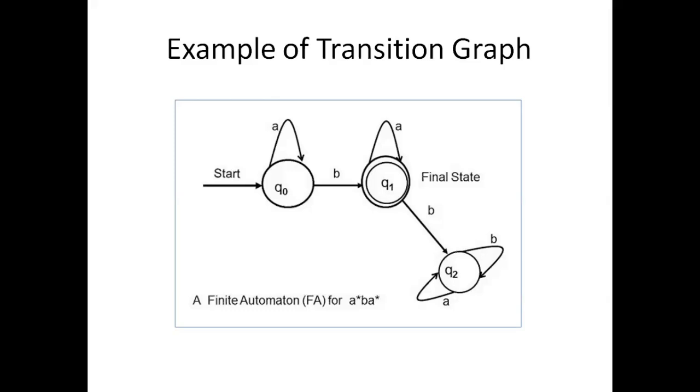So the transition of q naught on input a is q naught only. Now when q naught takes an input symbol b, it transits to another state q1, which is a final state. In this way, using the graphical notation, we can depict a DFA. This is a DFA which represents the language a star b a star.